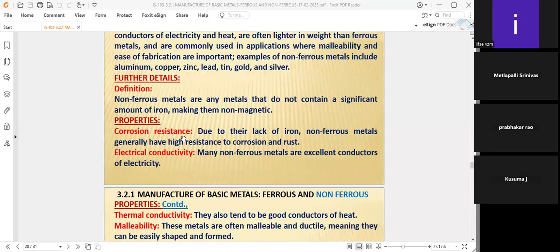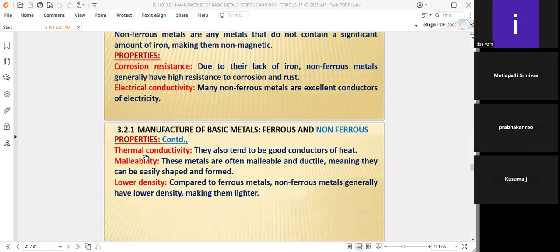Even when exposed to water, in a short time they will not corrode like ferrous materials. Electrical conductivity: many non-ferrous metals are excellent conductors of electricity. And also thermal conductivity: they tend to be good conductors of heat, because they withstand higher temperatures also.